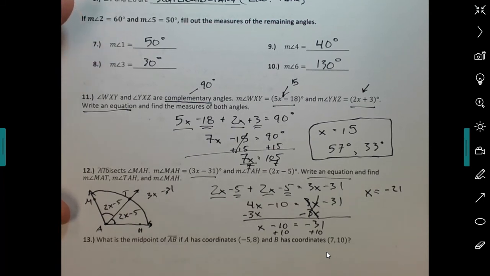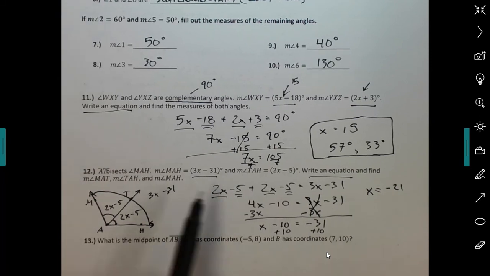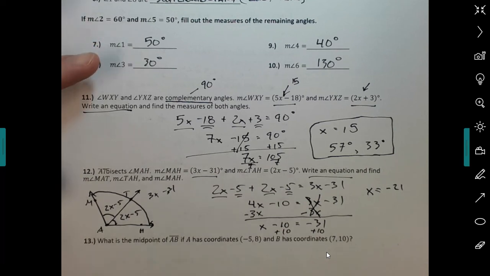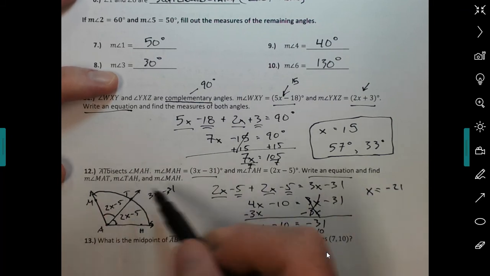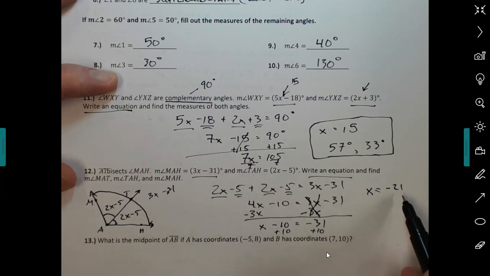Now, the problem is I kind of stole this problem off of the test and changed the numbers and didn't check. This is going to get us kind of a messed up situation, but we'll have to just flow with it for now, because if I want to find the measures of all these angles, I got to plug in this. 2 times negative 21 is a negative 42.